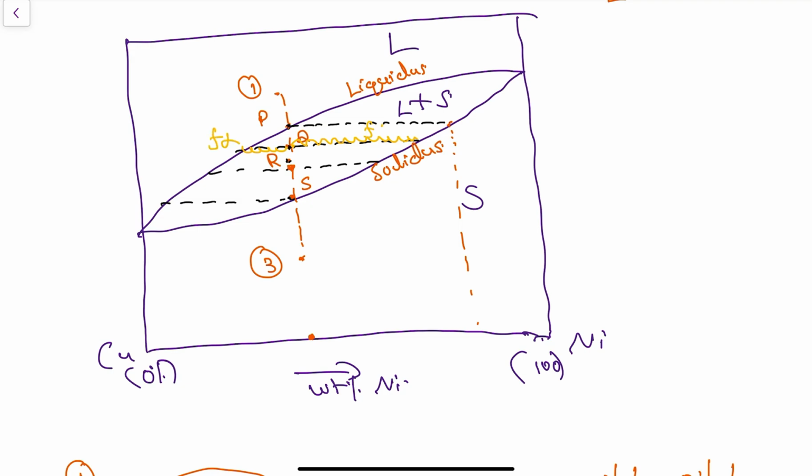You can see that the fraction of alpha is gradually increasing as you go down. At the point S, the fraction of liquid is 0.